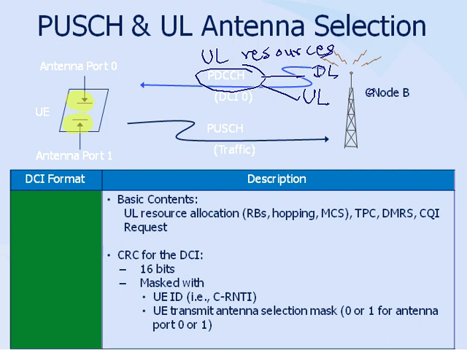And we have one format reserved for the uplink resource, and that format is DCI format 0. Other DCI formats, downlink control information, are primarily for the downlink resource allocation. But DCI format number 0 is for the uplink resource allocation.